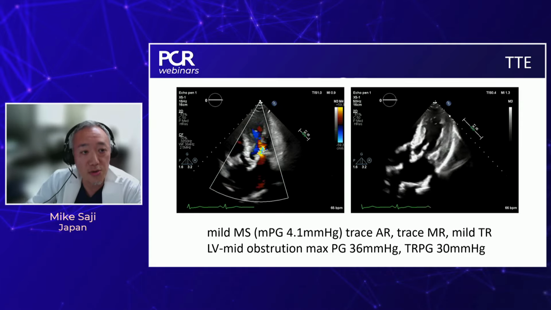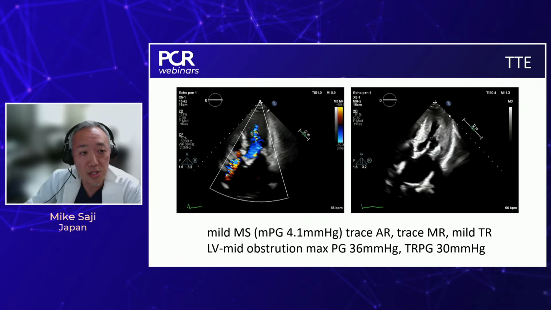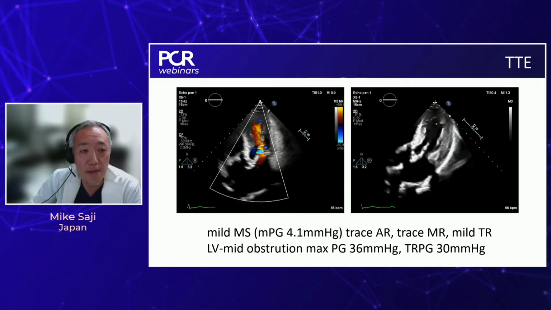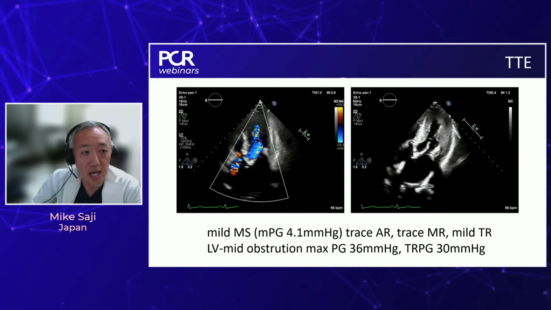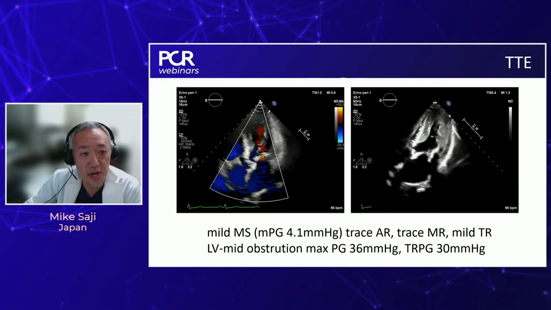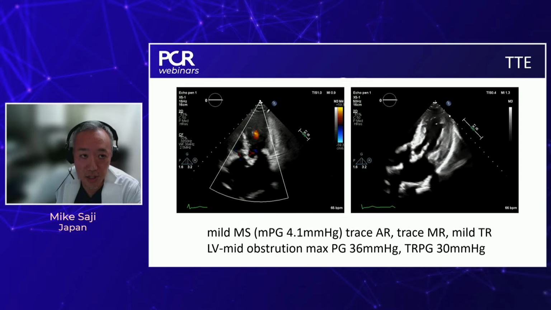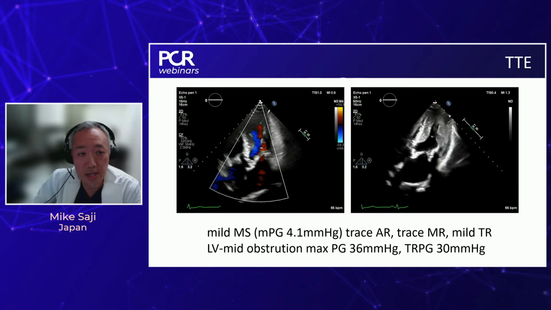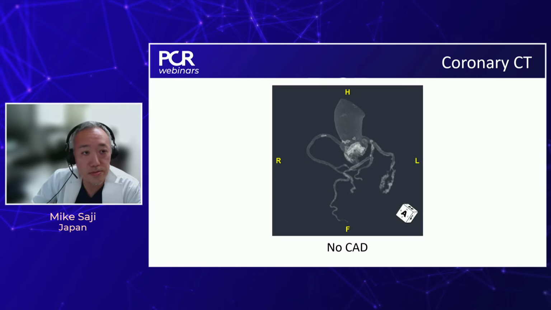Mean gradient was just 4.1, so leave it alone. And other than the severe stenosis and mitral stenosis, there's no other valvular disease. And in addition, there's a mid LV obstruction with a maximum gradient of 36, but there's no LVOT obstruction or SAM. So we will leave it alone too.